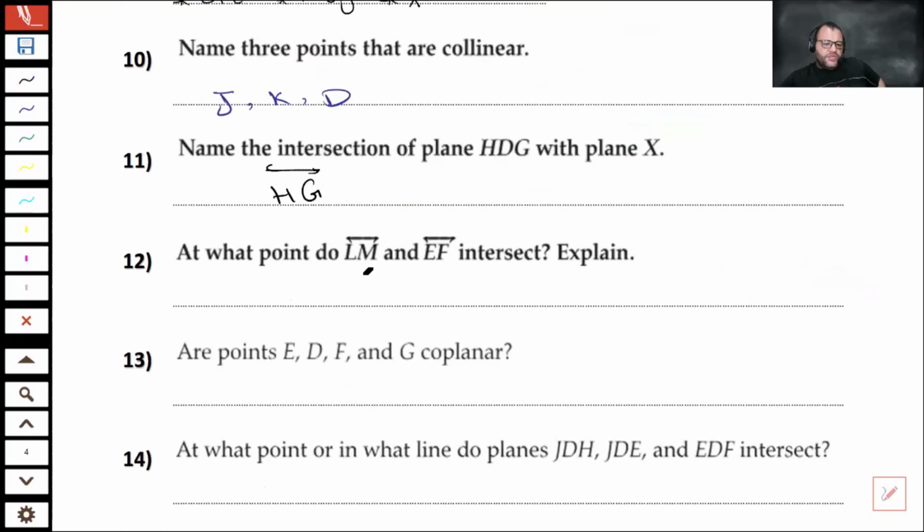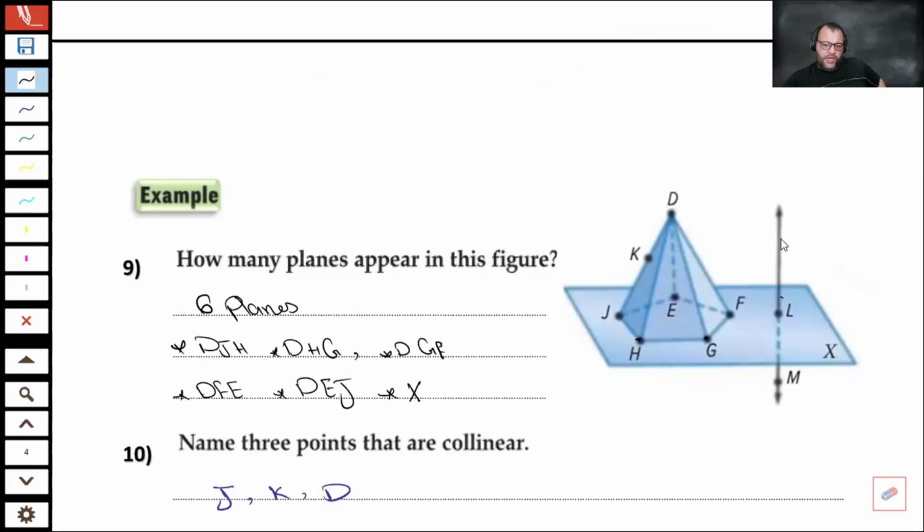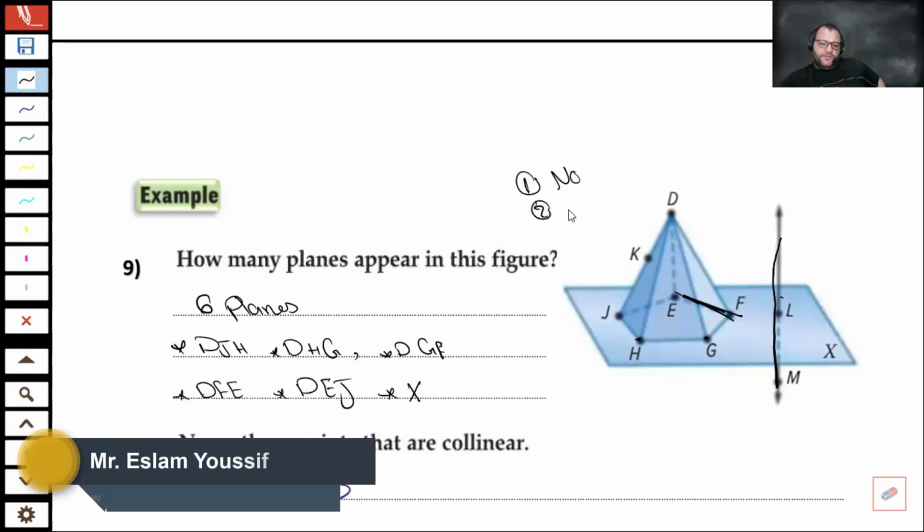What is the point of intersection of line LM and EF? Can we see the line? LM, this line, and EF, this line. What is the point of intersection? You said there is no intersection. Is there any other answer?